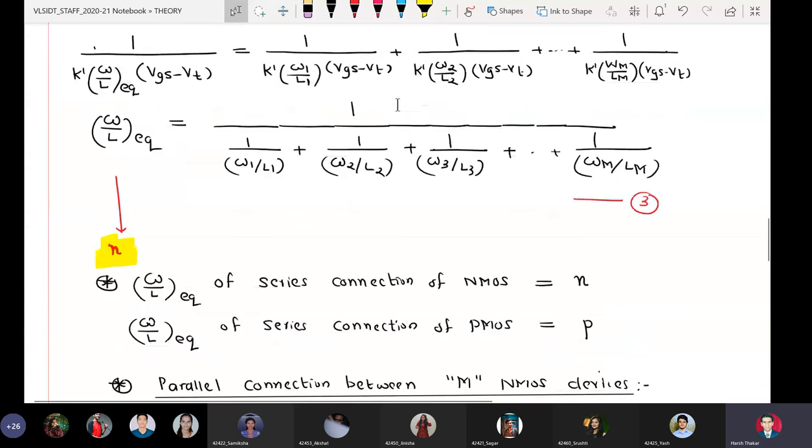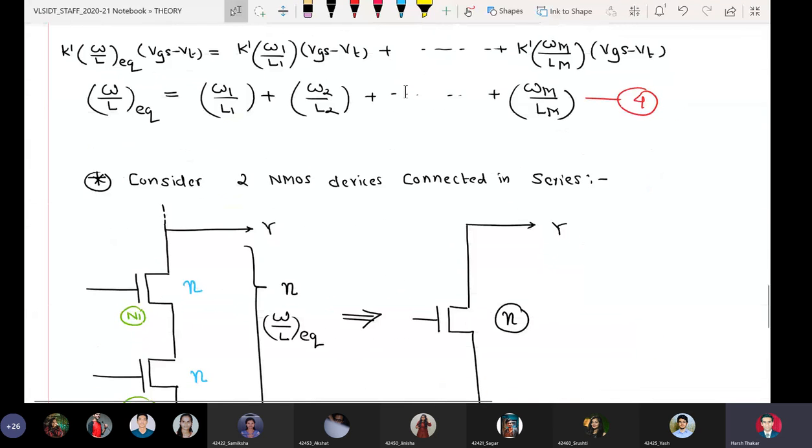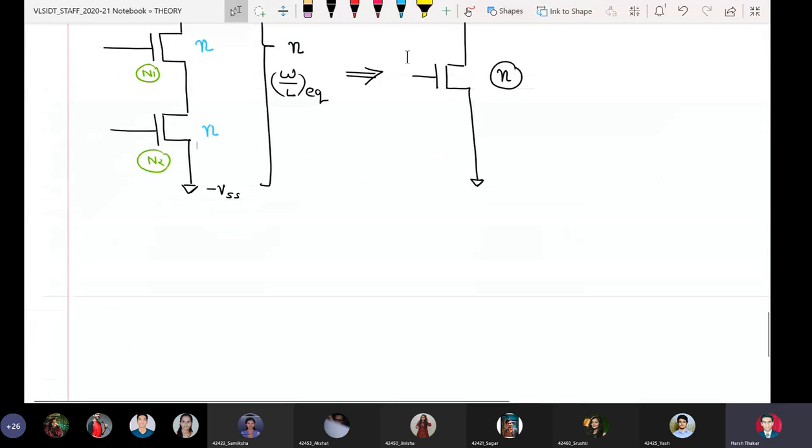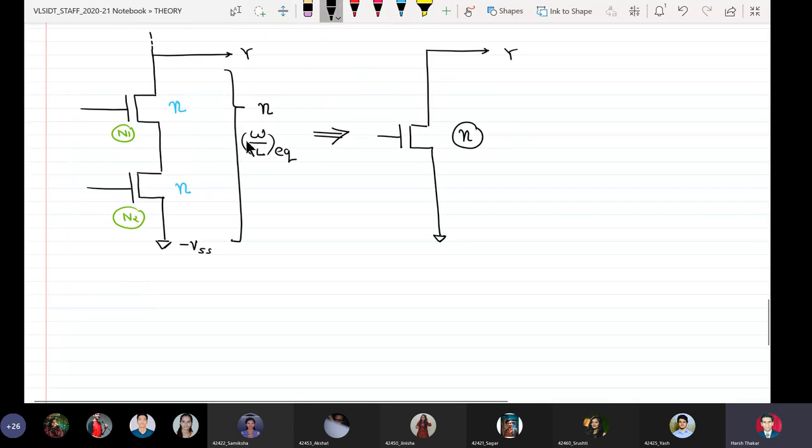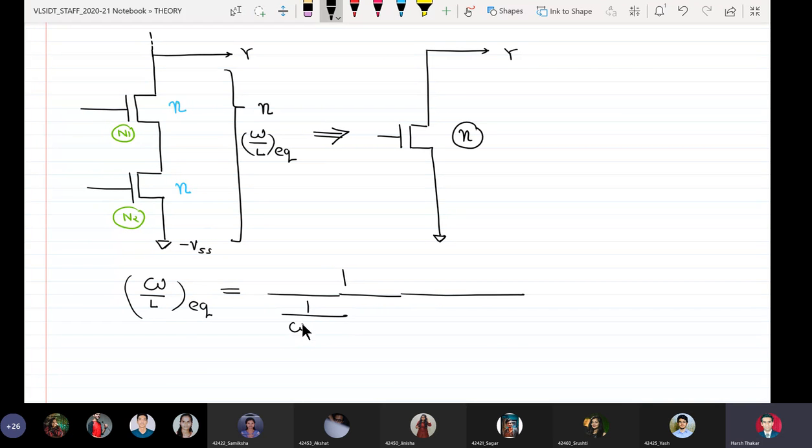So from equation number 3, I can find the effective W by L ratio. We know that W by L equivalent of the series connection is equal to 1 upon W1 by L1 plus 1 upon W2 by L2.